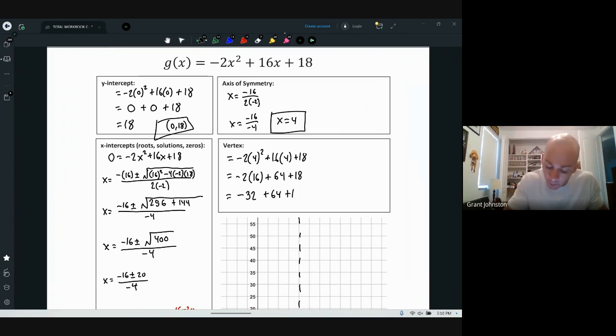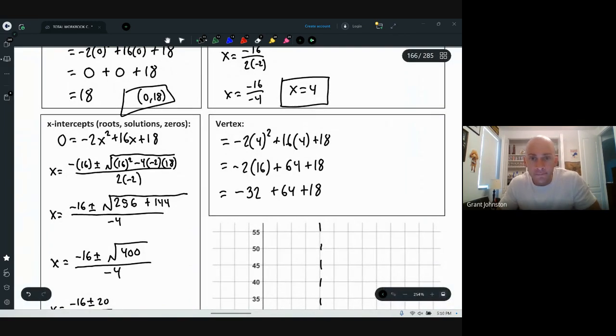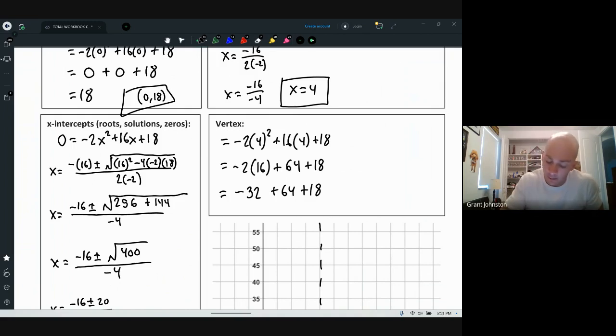Again, sorry if I'm going really fast, but you always have the liberty of pausing it if you need to. Negative 32 plus 64 is positive 32, plus 18 is 50. So this is 50, meaning the vertex is at 4, 50.